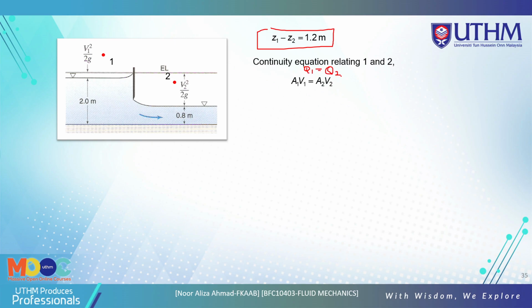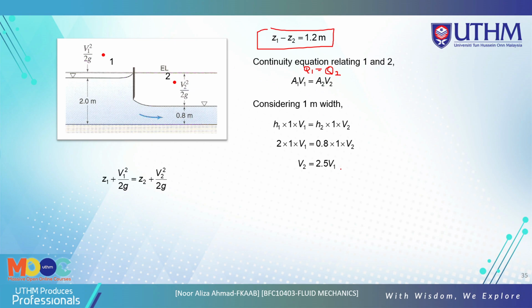You must consider 1 meter width for these types of sluice gate. So H1 times 1 is equal to H2 times 1, where H1 is 2 meters and H2 is 0.8, so we get V2 in terms of V1.